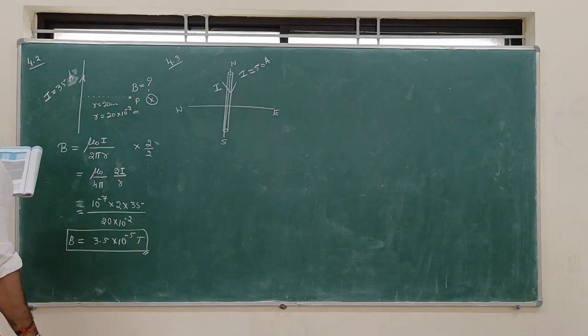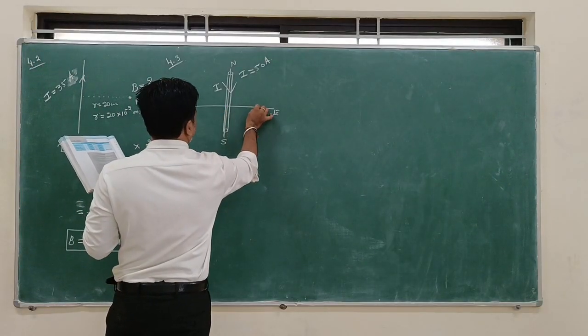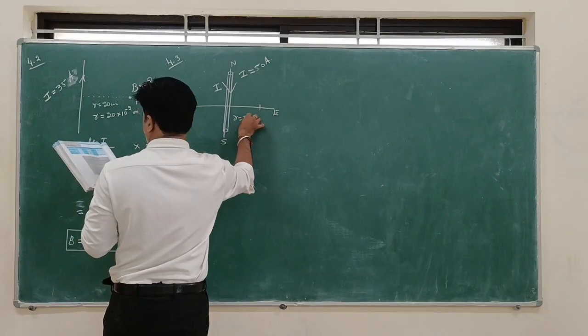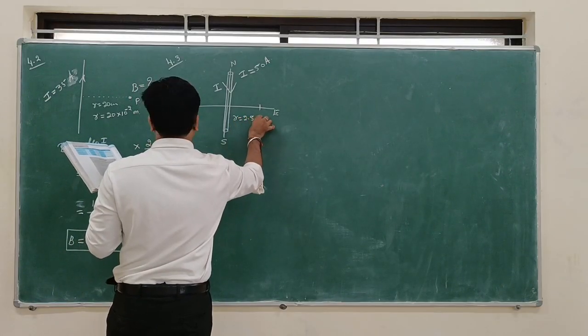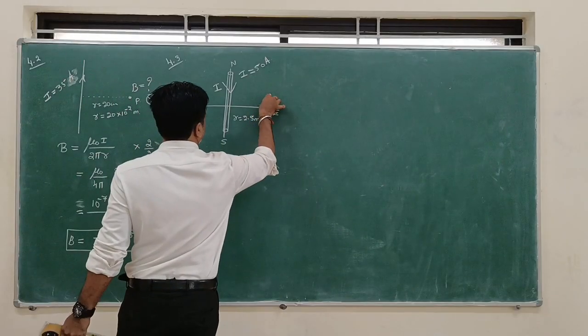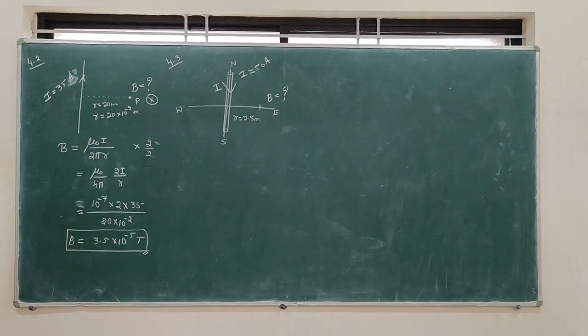Give the magnitude and direction of magnetic field at a point 2.5 meter east of the wire. Magnetic field at this distance. Apply the same formula and do the calculation.